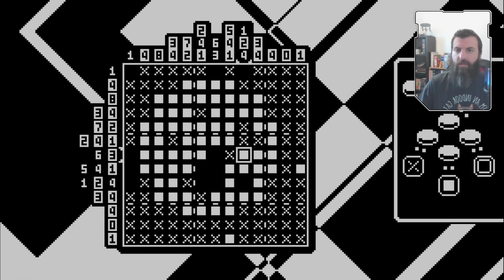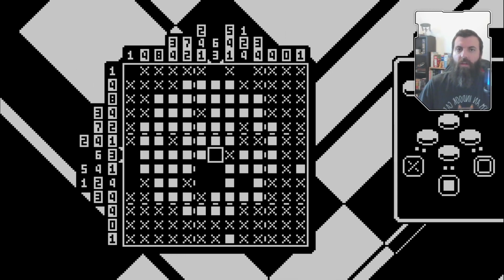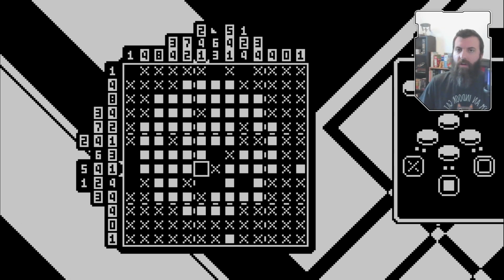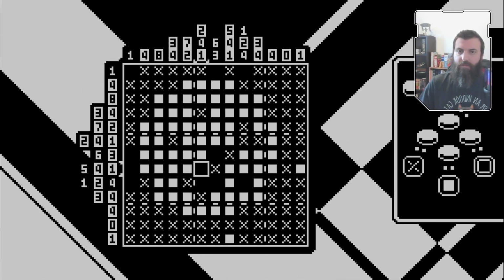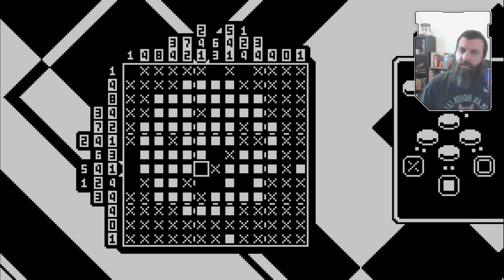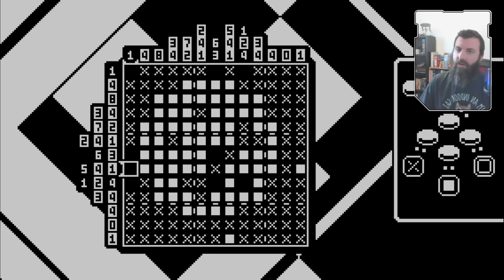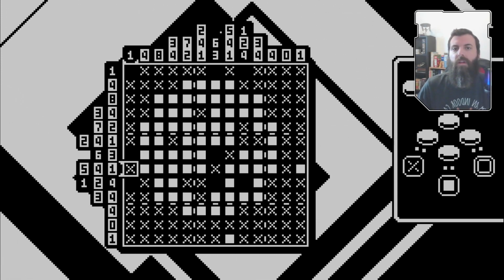Has to be in for our horizontal 3. Our 5 4. We've got our 4 there. Have to have a pixel filled in here for our vertical 4. That out, and also our horizontal 5.